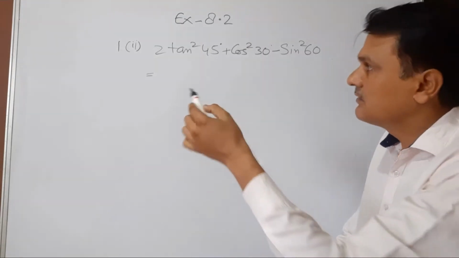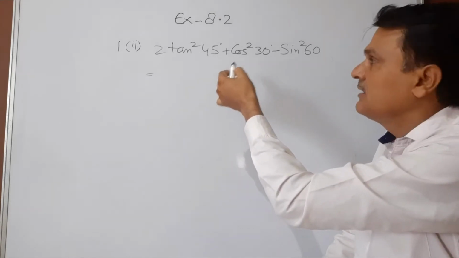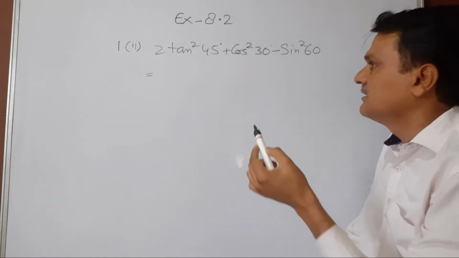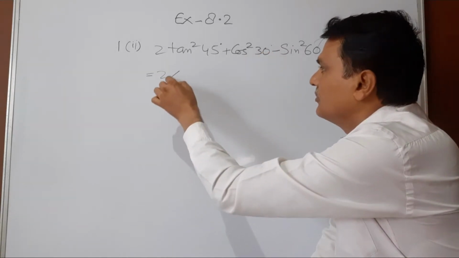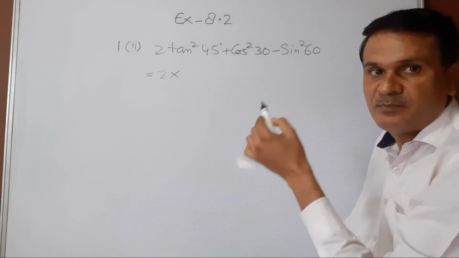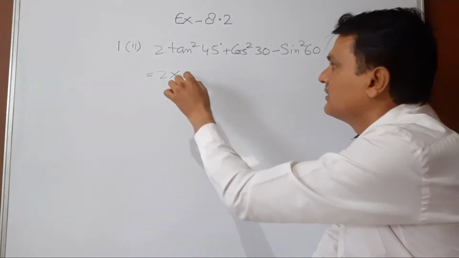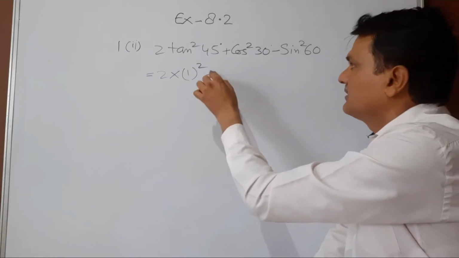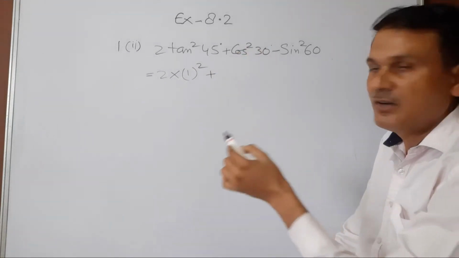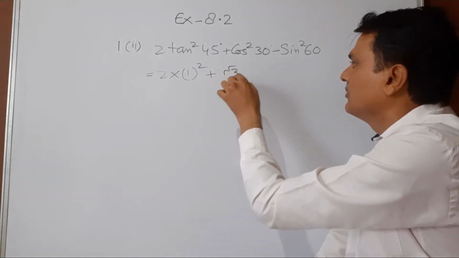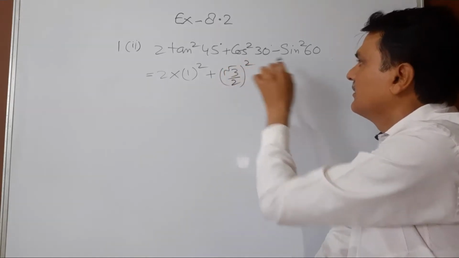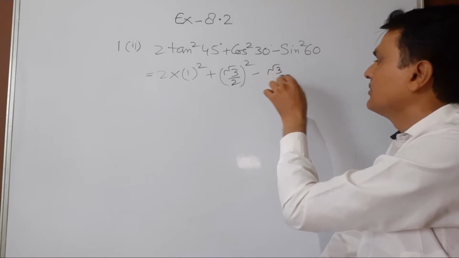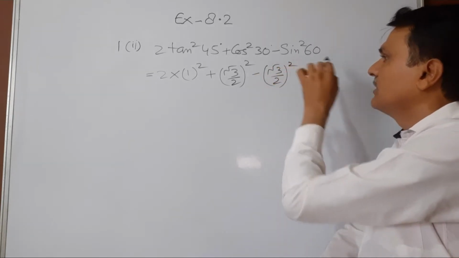Second part is 2 tan square 45 degree plus cos square 30 degree minus sin square 60 degree. Here 2 into tan square 45; tan 45 has a value 1, so tan square 45 is 1 square, plus cos 30 has a value of root 3 upon 2 whole square, minus sin 60 has a value root 3 upon 2 and its whole square.